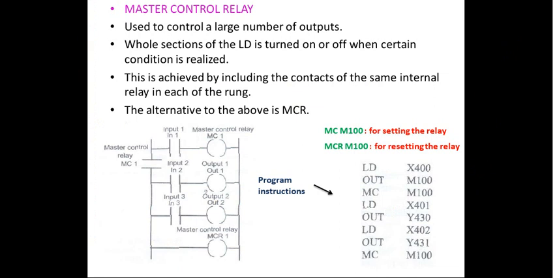As you can see here, it is used to control a large number of outputs, right? So we have got a sequential process control. You go to the first step, then the second step, and the third, fourth, fifth and sixth step, say for example. They are coming under one particular head.